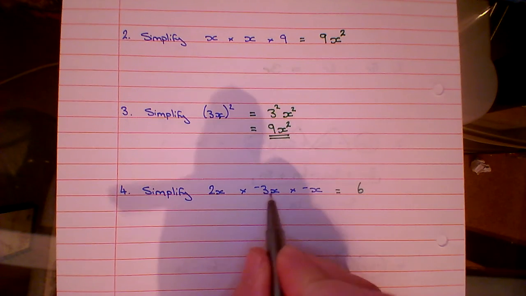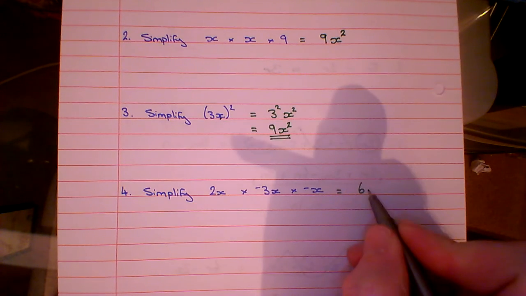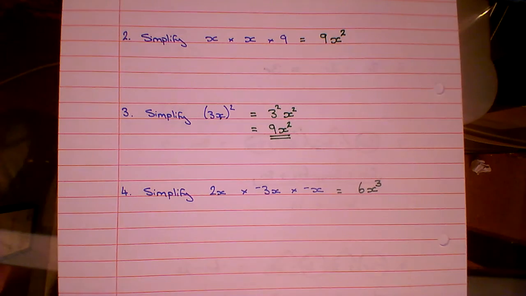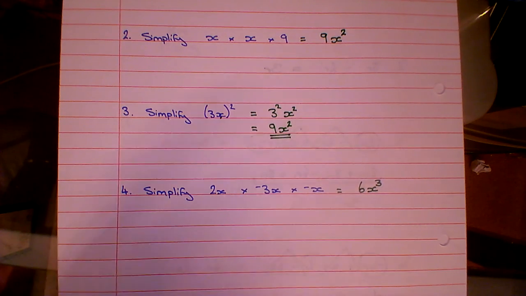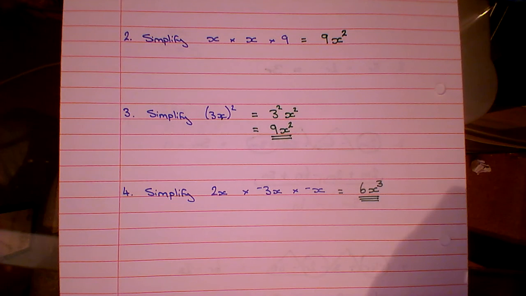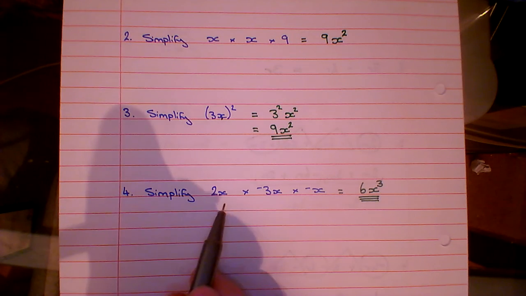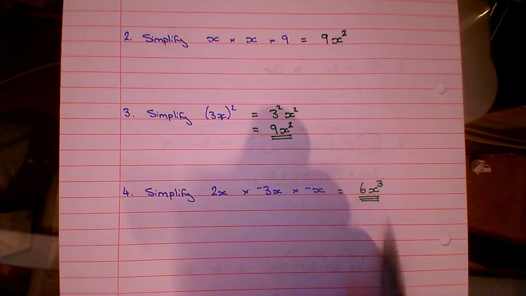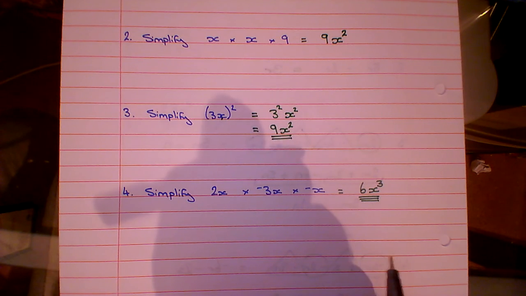My letters, I've got x times x times x, well x times x times x is x cubed, so 6x cubed. And I have simplified all of those expressions. Numbers first, letters second, write it without the multiplication sign, and it is simplified.